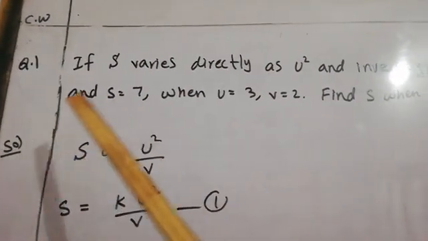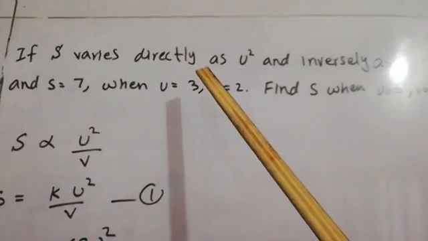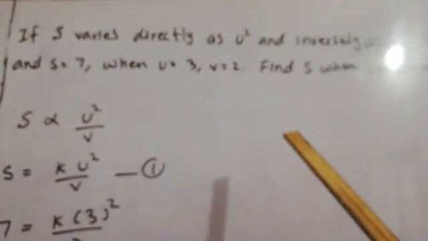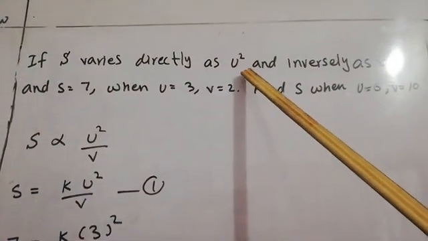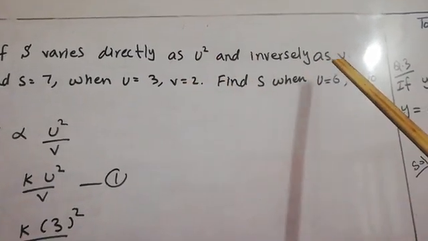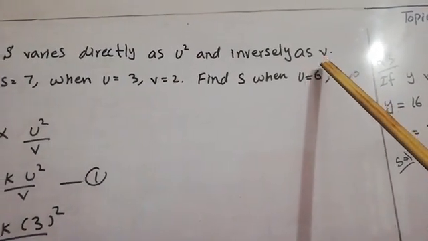Question number 1, if S varies directly as U square and inversely as V, you can observe that this is a combination of direct proportion or variation and inverse variation.